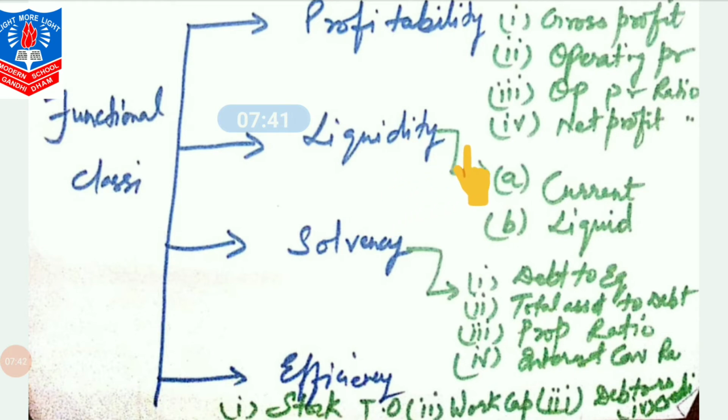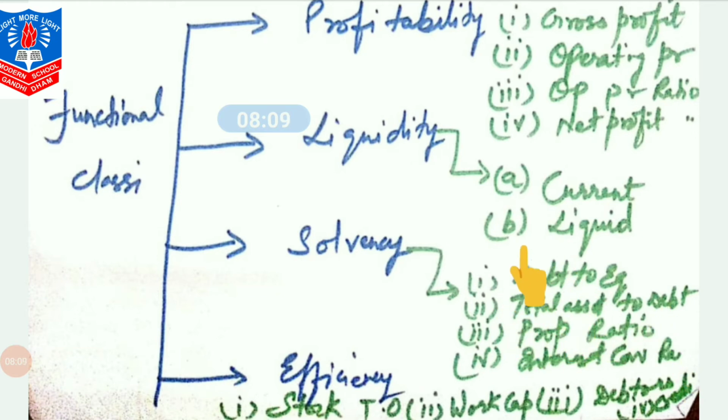Liquidity ratios represent the liquidity part of the firm. Current and liquid ratios. The main objective is to earn profit, so that is profitability. To know the quick turning over or the liquid position of the firm, liquidity ratios. Whether the firm is working solvently or not, solvency ratios. That is debt equity, total assets to debt, proprietary ratio, interest coverage ratio.